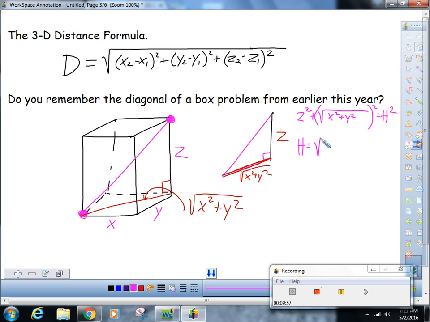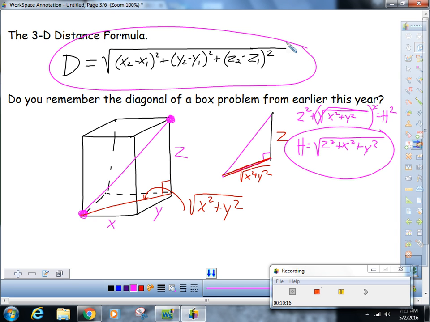The square root of z squared plus x squared plus y squared, because this thing would cancel with that. Okay? We've already done that in a different video, but this right here is how they get that. And I hope that maybe half of you understand that. Okay?